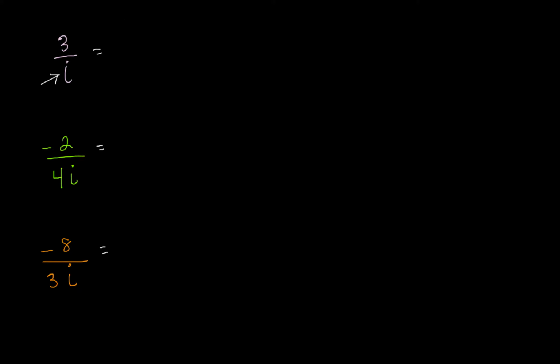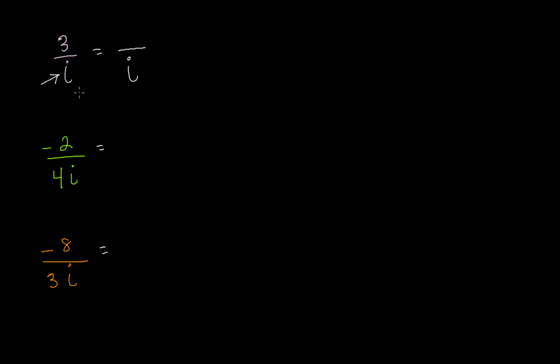So in order to do that, we have to find something to multiply this fraction by that's going to clear that I out. Well, you can multiply I by anything and it's not going to get rid of it. The only thing you can multiply I by that will change the value is another I. Well, if we multiply this by just an I in the denominator, you're going to change the entire value of this fraction, and we don't want to do that.